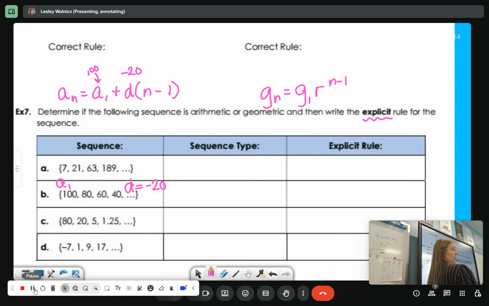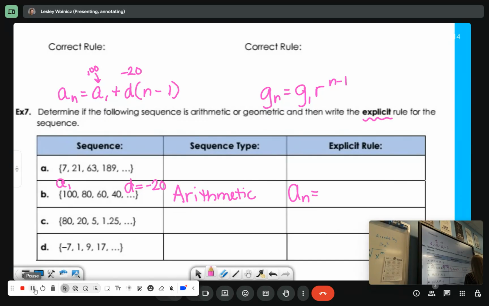Everything else we can just copy from our rule. So this one is arithmetic. A sub n equals our, go ahead. 100 minus 20. Good. That's it. It's a wrap.